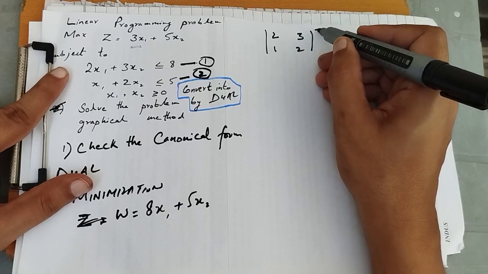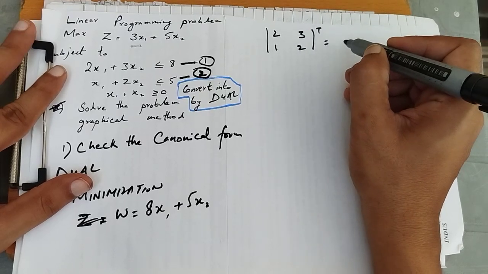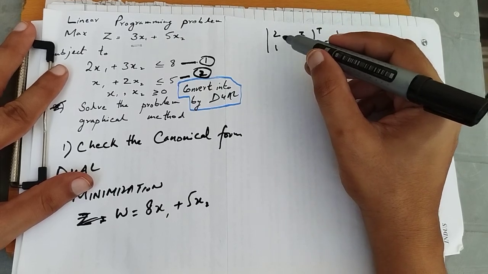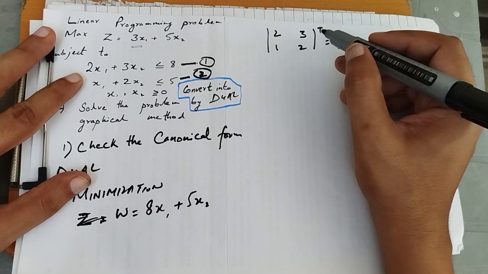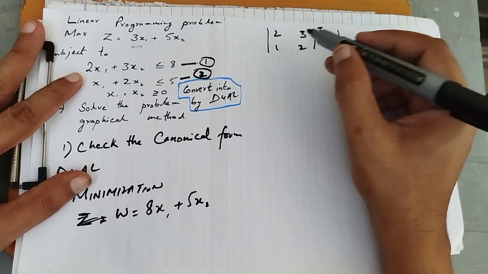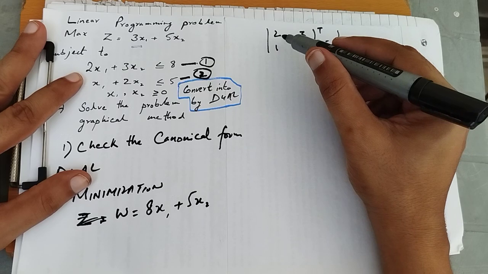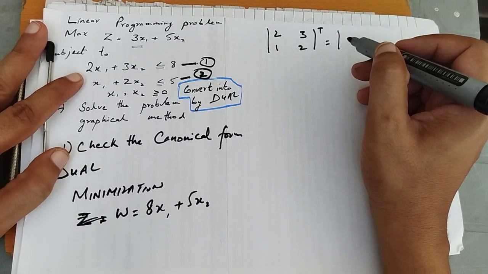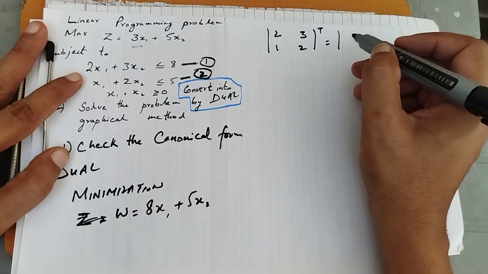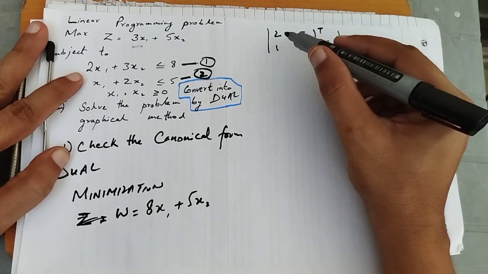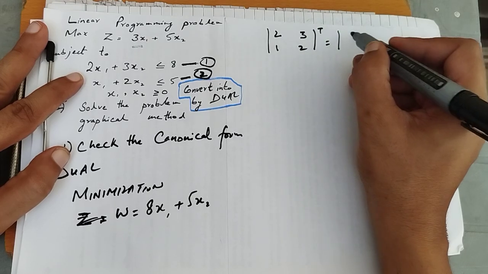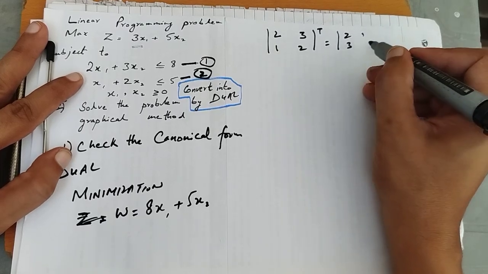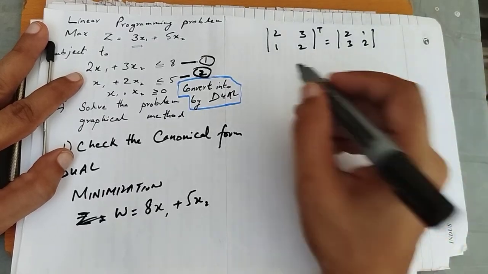So we have to transpose it. You have a choice: either you convert the rows into columns or the columns into rows. It is your choice. So let's take the rows into columns, that would be 2, 3, and 1, 2.